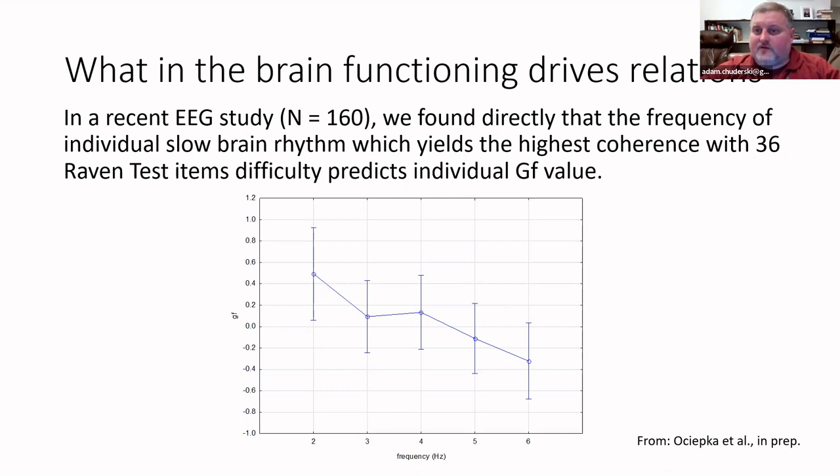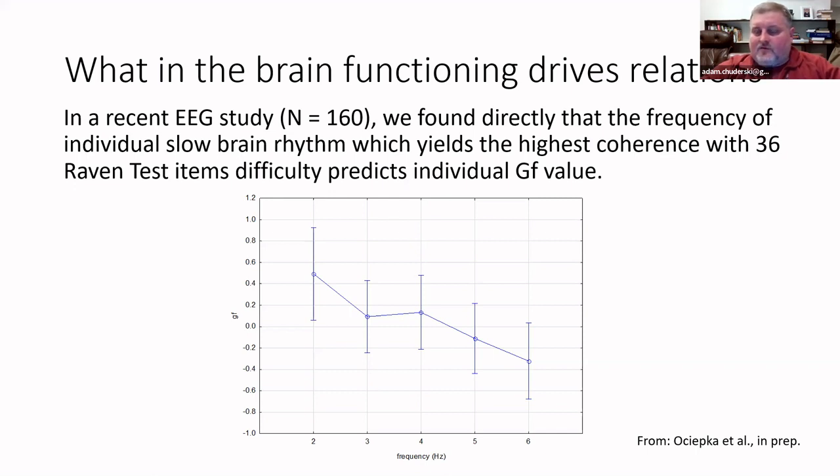So the assumption is, if items are easy, the brain activity should be low because not much thinking is needed. But when items are very difficult, the activity should increase because the brain needs more effort to find a solution.